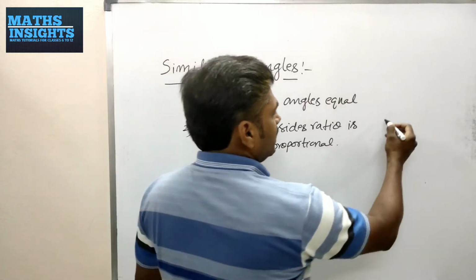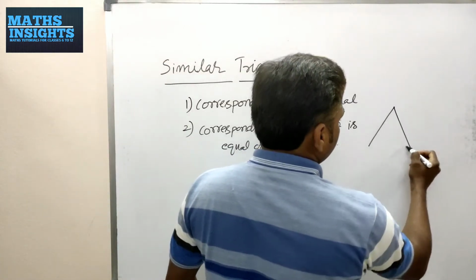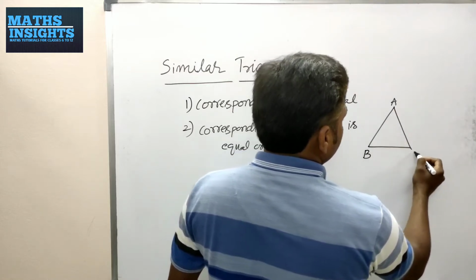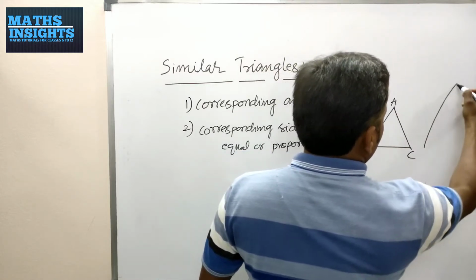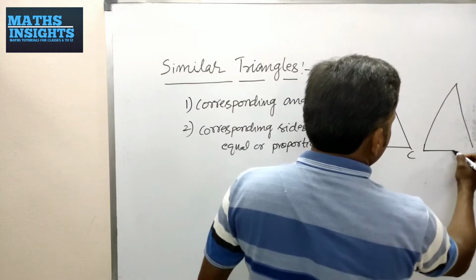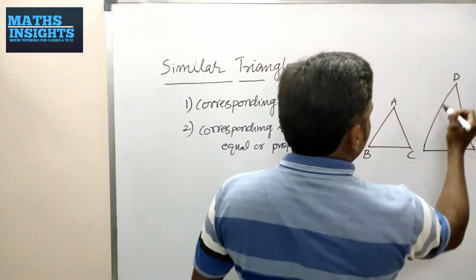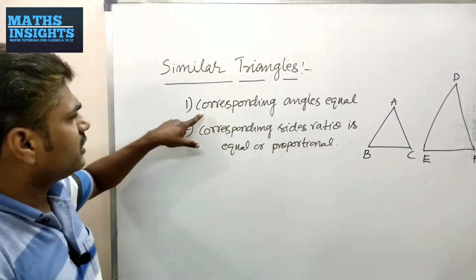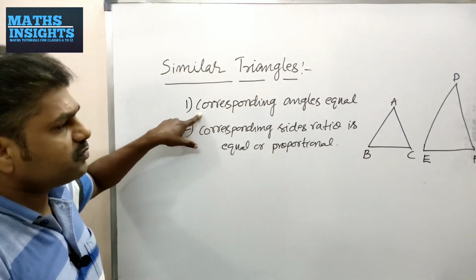I am taking an example. Let it be triangle ABC. Take another triangle, that is DEF. As per condition 1, corresponding angles must be equal.